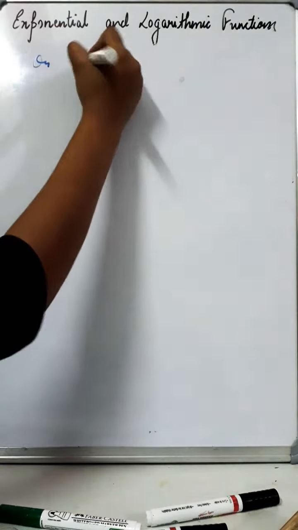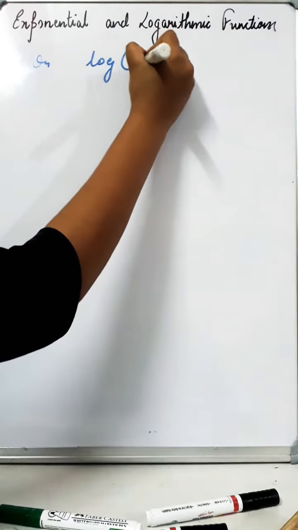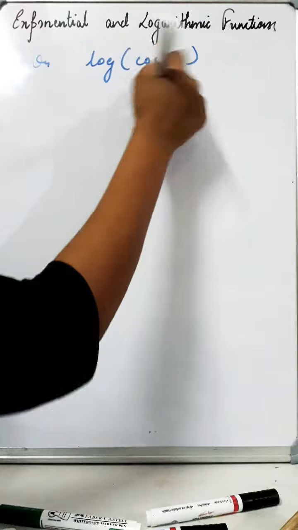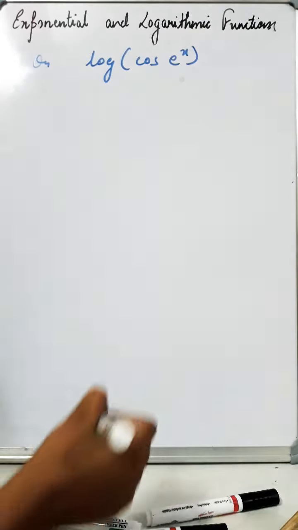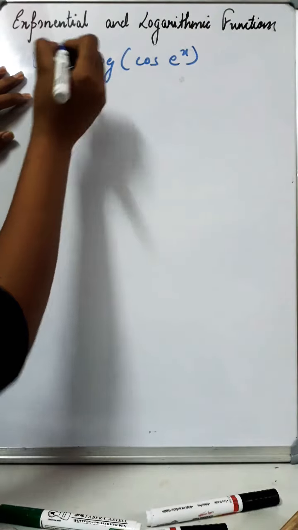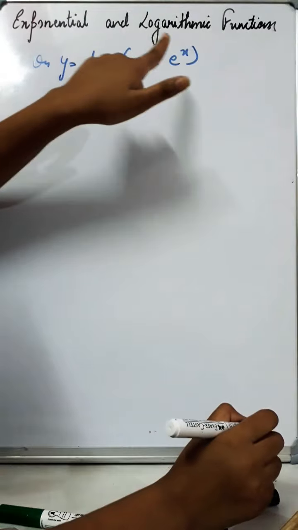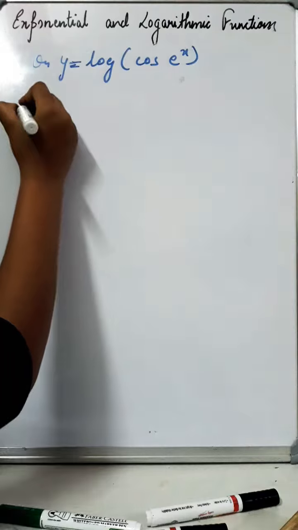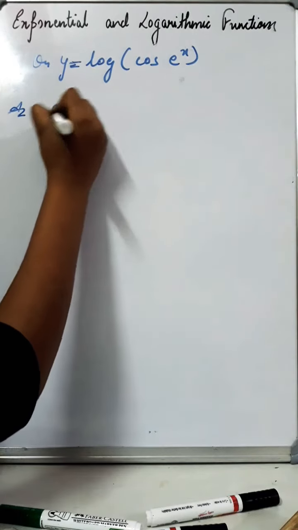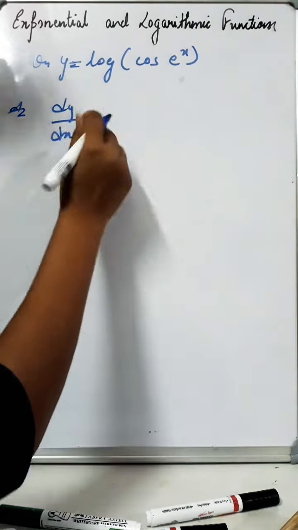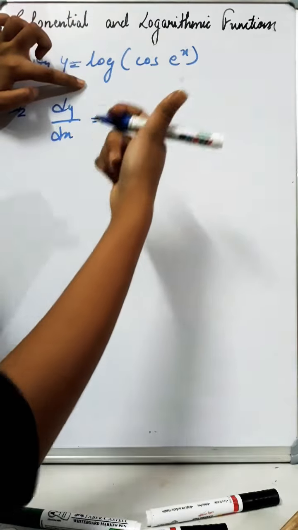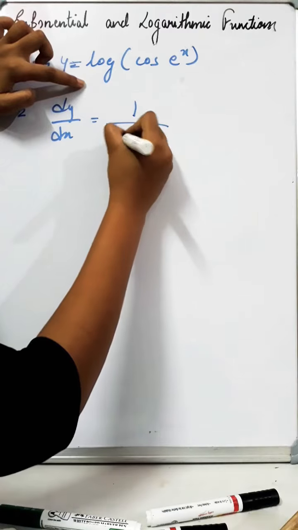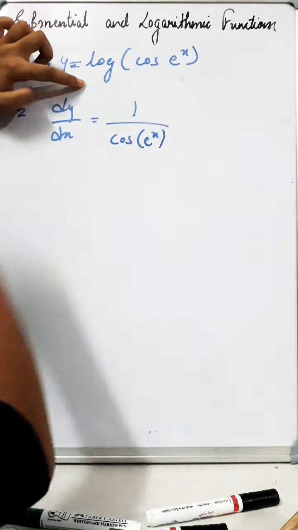Now look at this, log of cos of e to the power x. Alright, y is equal to log of cos of e to the power x. Triple chain here. See, dy by dx is, first of all it's a log function, so the differentiation of log function is 1 upon the term, so it's 1 upon cos of e to the power x, right?